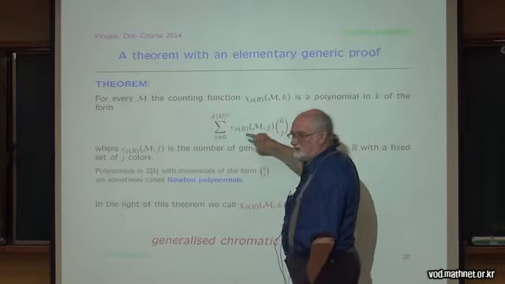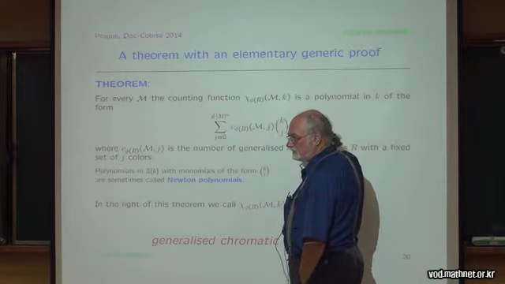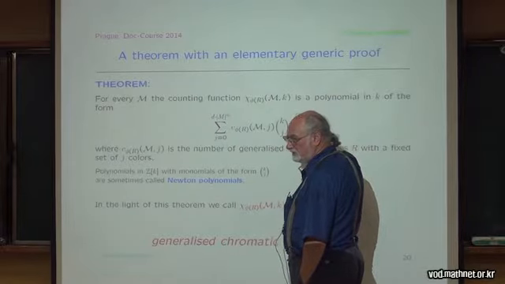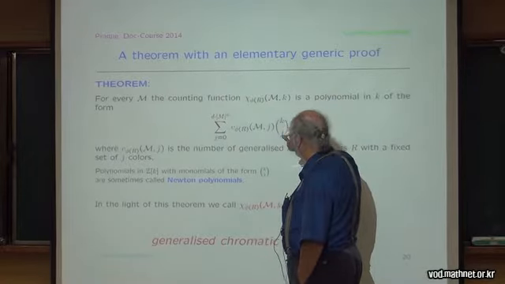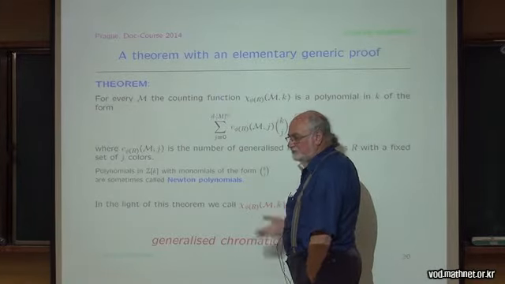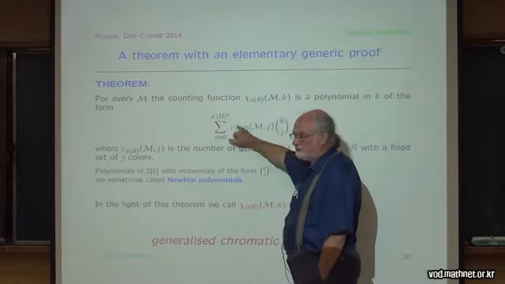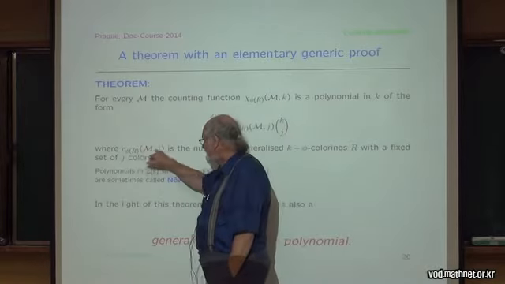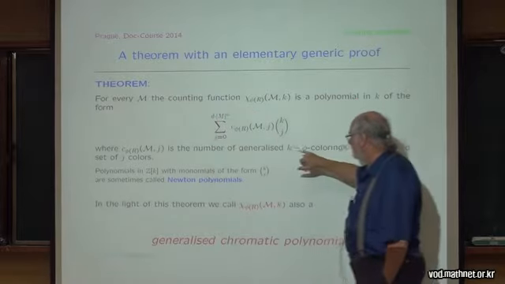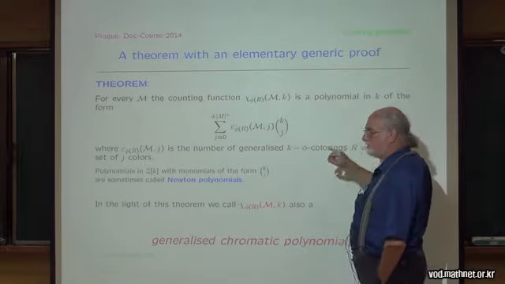We take as a basis of our polynomial ring, not x to the k, but x choose j. If you put here the variable and here j running from here, you get a sequence of polynomials which also forms a basis. And then you do the following. You take as coefficients c phi of m and j, where j is now the running index, the number of generalized colorings with a fixed set of j colors.